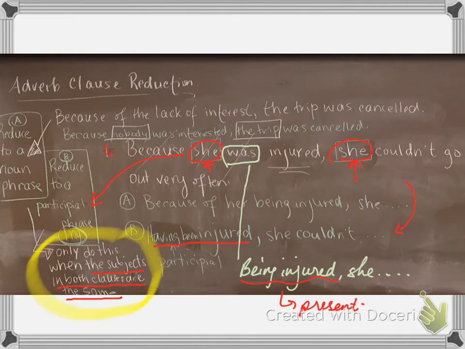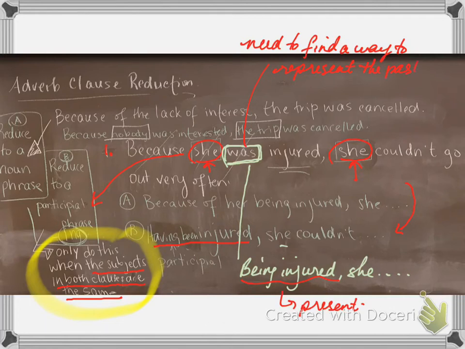But we've got the simple past in this sentence with this word was. So we need to find a way to represent the past in the reduction. Let's just write that up here. We need to find a way to represent the past in the reduction.